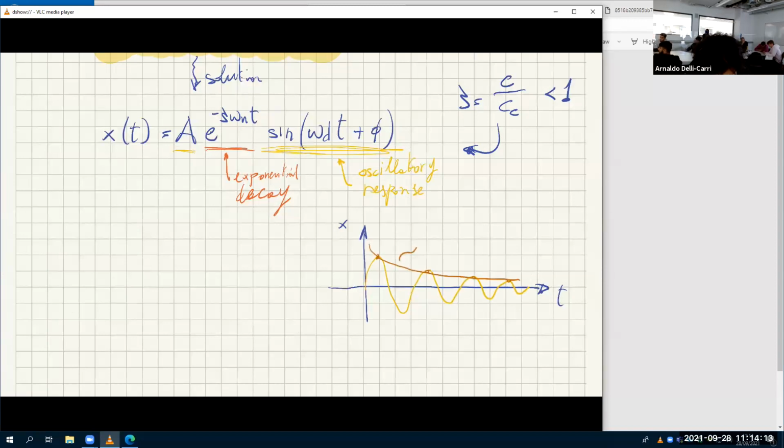This is the exponential decay. So this is the decay, and this is the oscillation, of course. This is sine omega t plus phi.